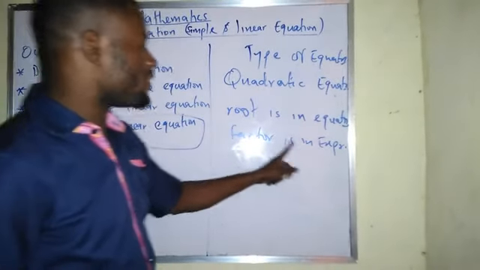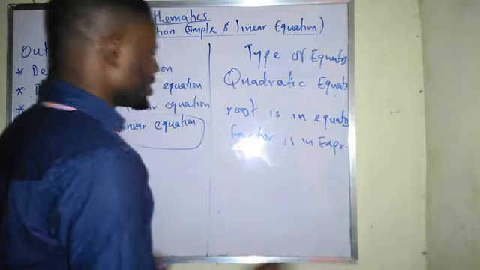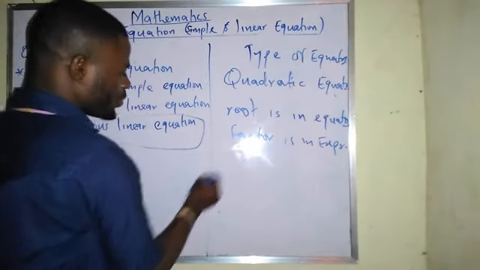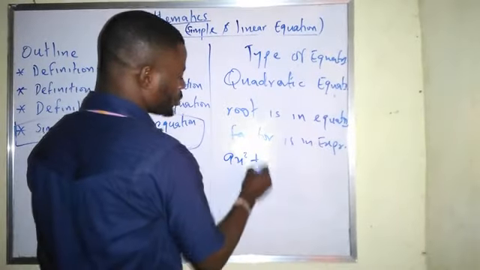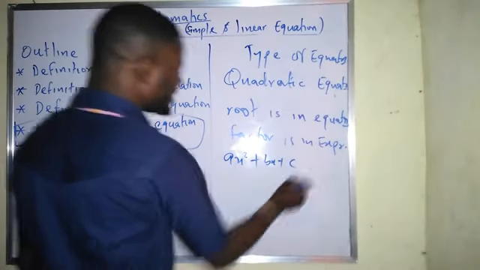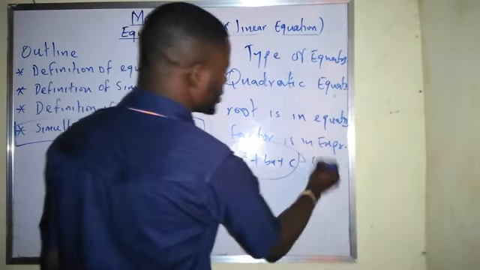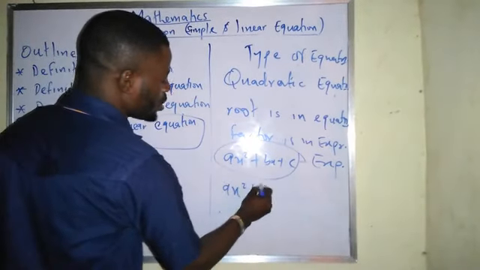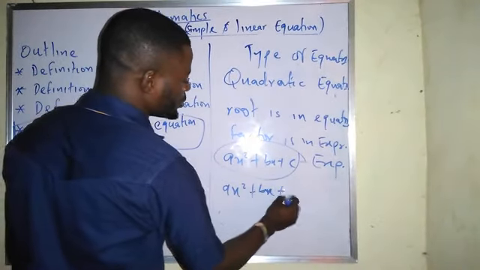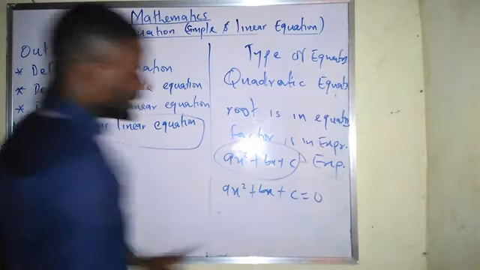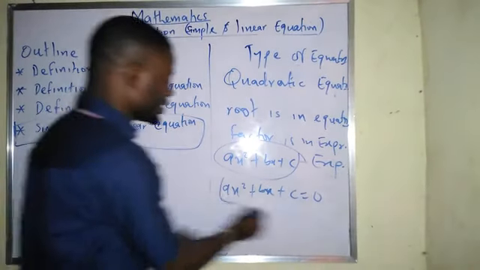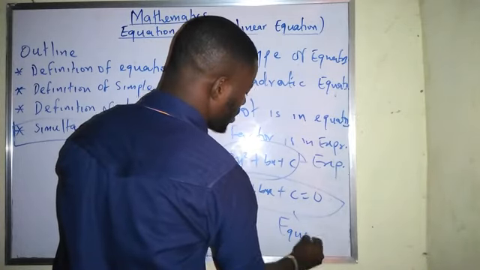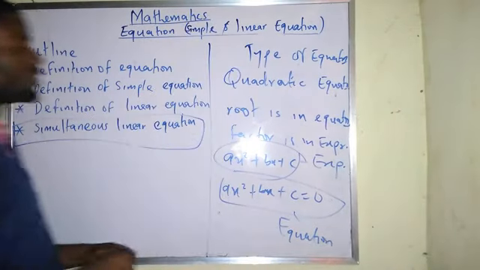And when we are talking about factors, we are to end at an expression. A very good example is x squared plus bx plus c. This is an expression. But when I have x squared plus bx plus c equals 0, this becomes an equation. Please take note of that.